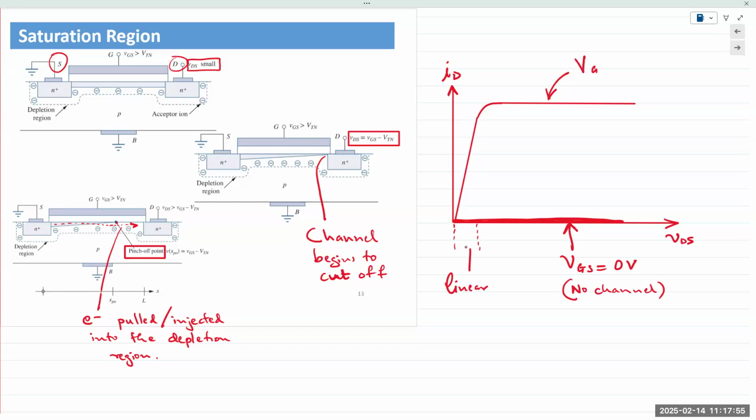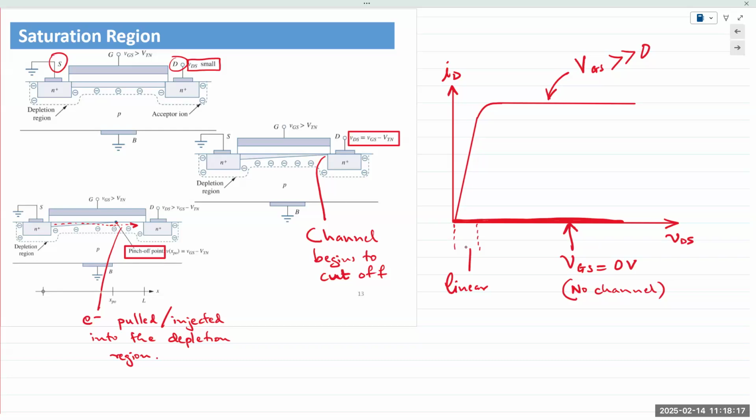This would be for VGS far greater than 0. Okay. So the physics of operation is very different between the JFET and the MOSFET. However, the resulting characteristic is very similar.